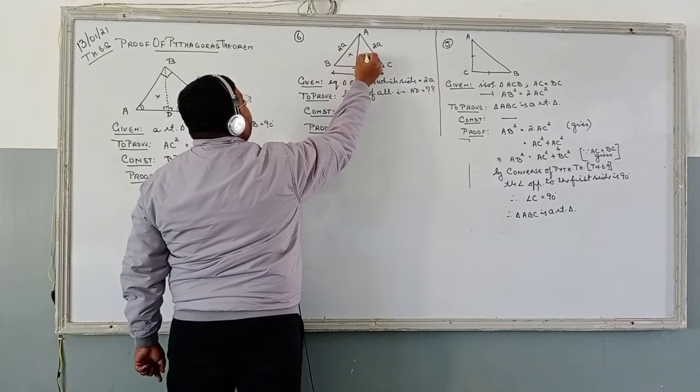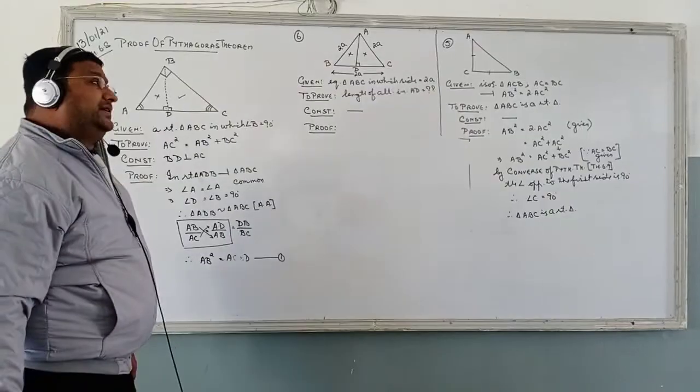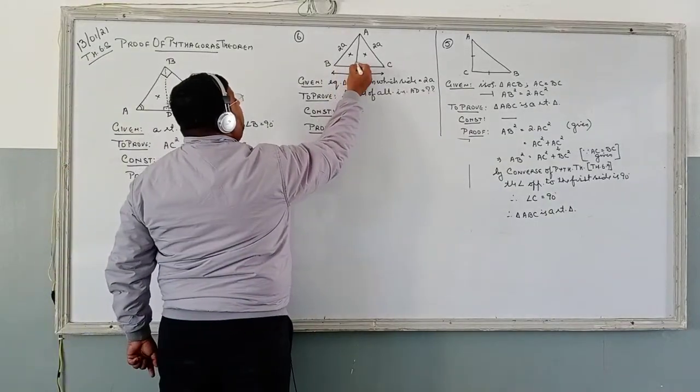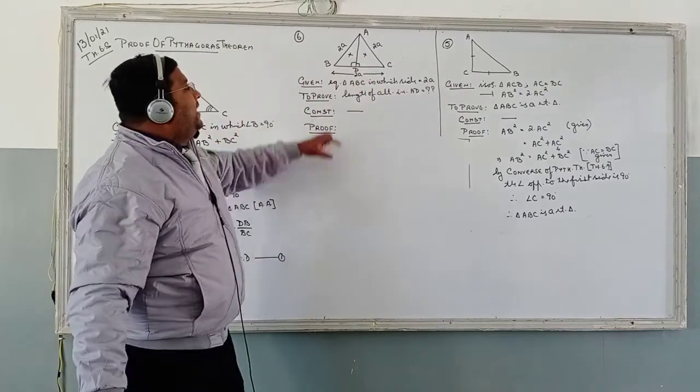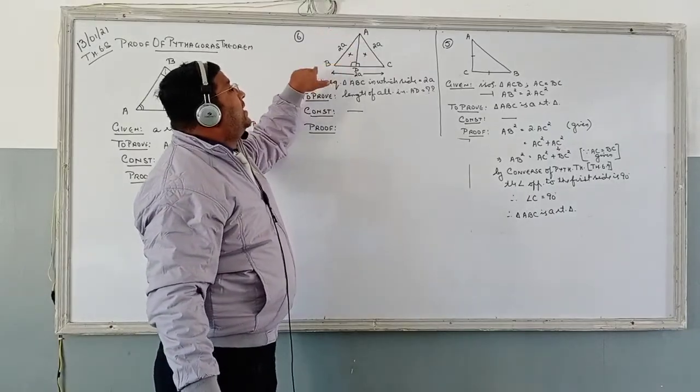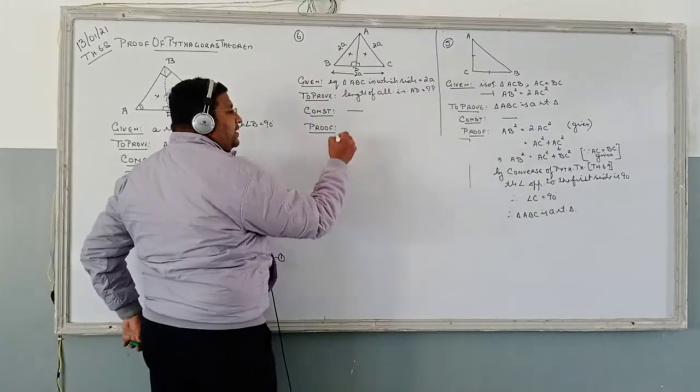Can you see this is a right angle triangle? Both of them? Definitely. We know that the perpendicular, the altitude of an equilateral triangle, bisects the side.